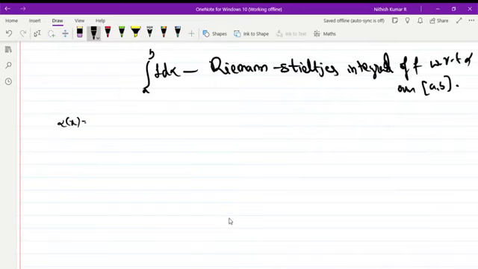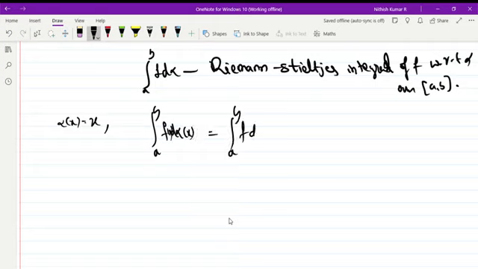If you take alpha of x equal to x, then integral a to b f of x d alpha of x is nothing but integral a to b f dx. So if I take alpha of x equal to x, then I am getting the Riemann integral of f.